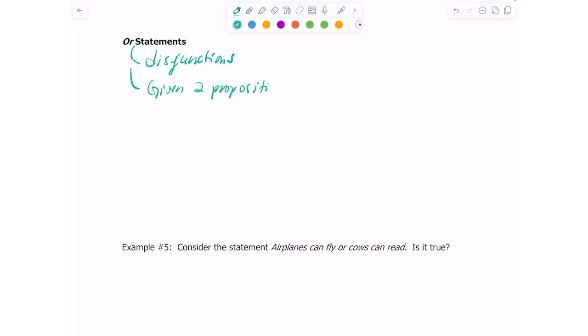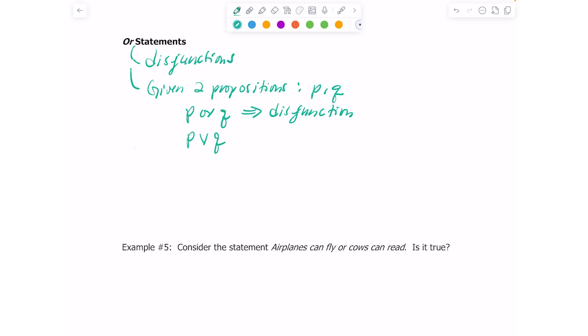The statement P or Q is known as a disjunction. We would write it like this: P, and then the OR symbol looks like, well, it actually just looks like a V. I was going to say an upside down arrow, but you could use the letter V. So that's P or Q.